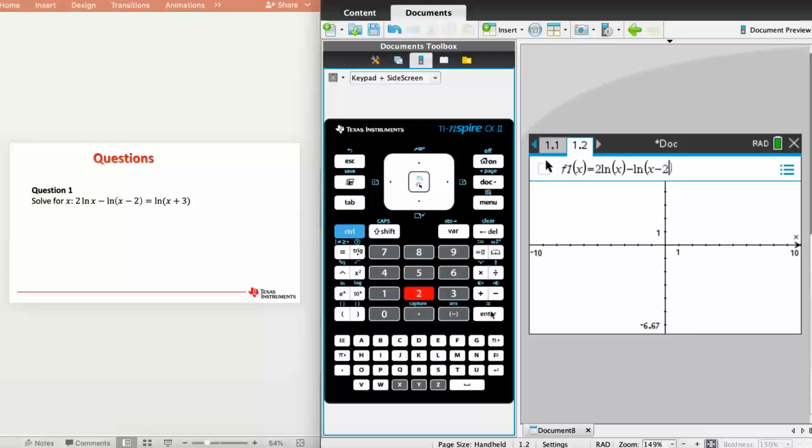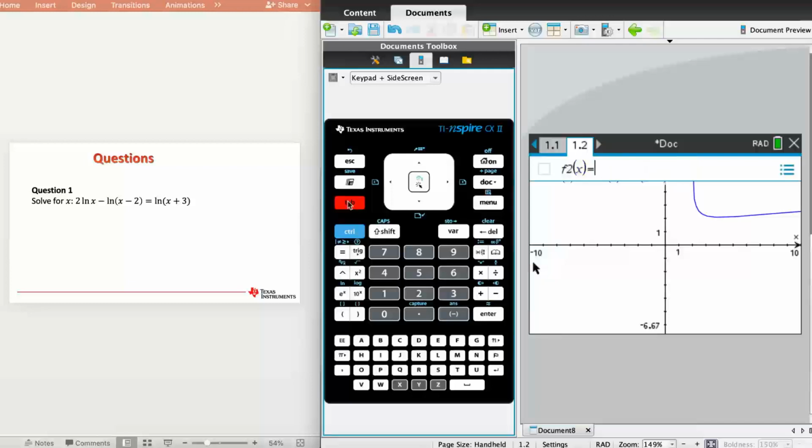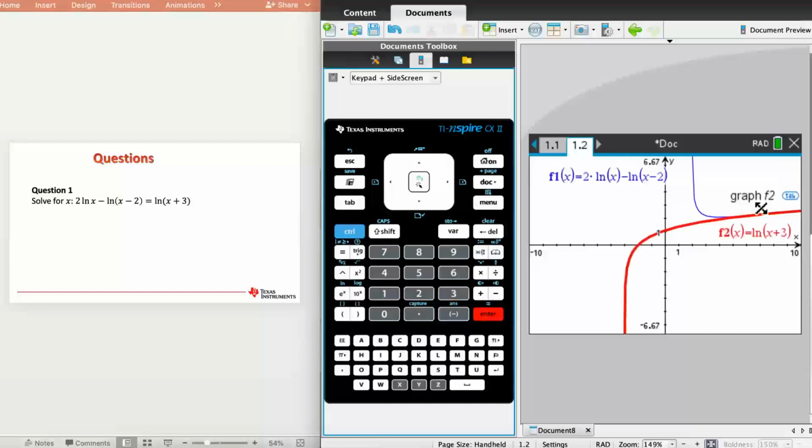So the left-hand side of the equation looks like that. Second function that I'm going to enter will be the right-hand side of the equation. So hit the tab button to get the menu line back. And I'm looking at control natural log x plus 3. Enter. So these graphs intersect somewhere over here.